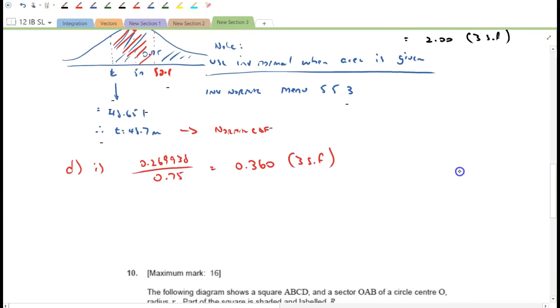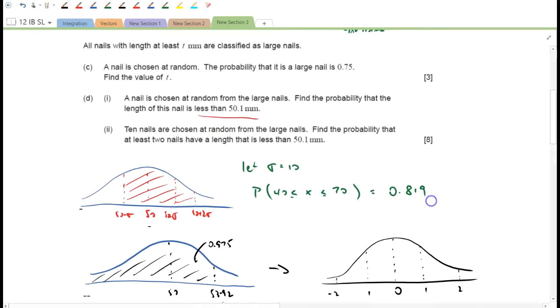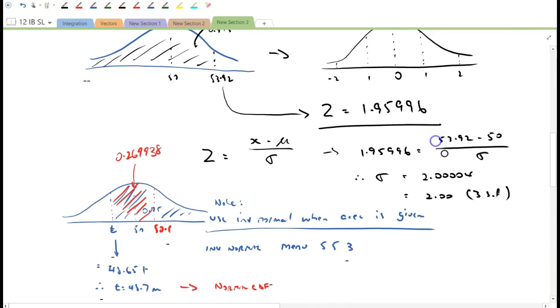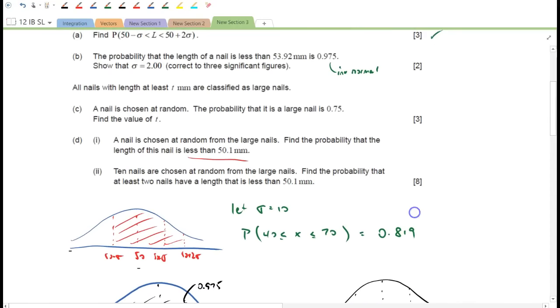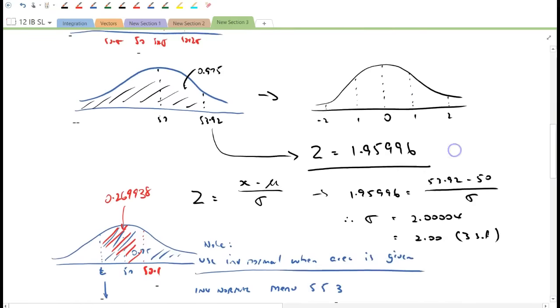Brilliant. Okay, our next move is the last part. 10 nails are chosen at random from the large nails. Find the probability that at least 2 nails have a length that is less than 50.1. So now we're taking 10 nails from all those large ones, and we're looking for the probability that at least 2 have a length less than 50.1.